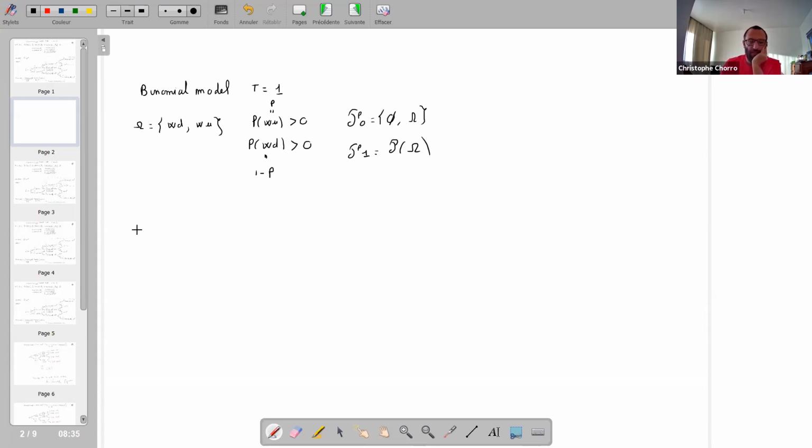So in this model, I have two assets. The non-risky one, with S0 at time t given by exponential of rt. So at time t equal to 0, it is equal to 1, and at time t equal to 1, it is equal to exponential r.